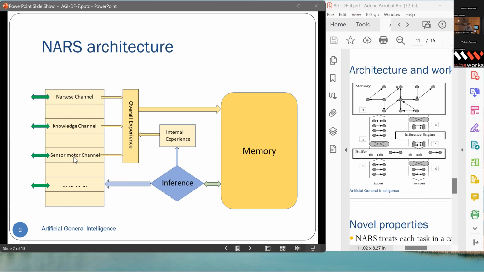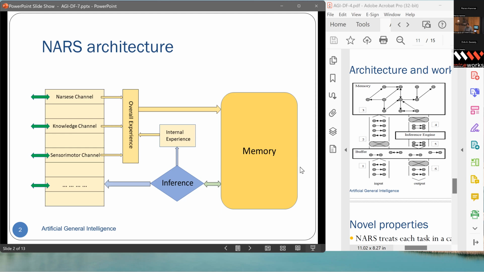There are at least three different types, and for each type there can be multiple channels. Each channel basically handles the communication between the system and one user or device or environment, whatever you call it, which we are going to go through one by one. Previously, there was basically only one input-output channel. Now we have an unlimited number of them and also of different types. So this is one change.